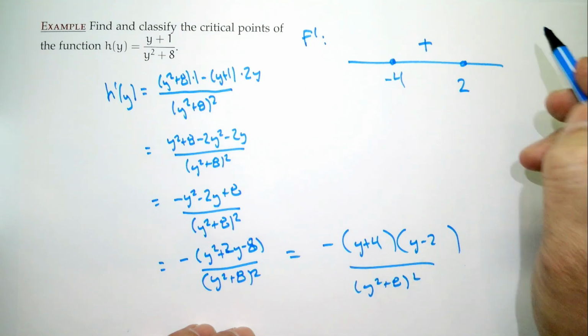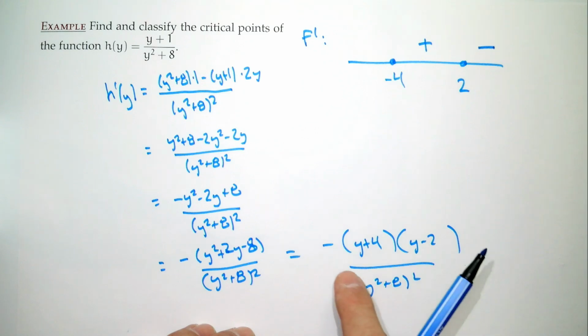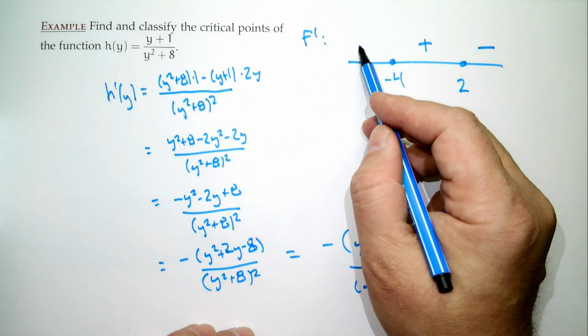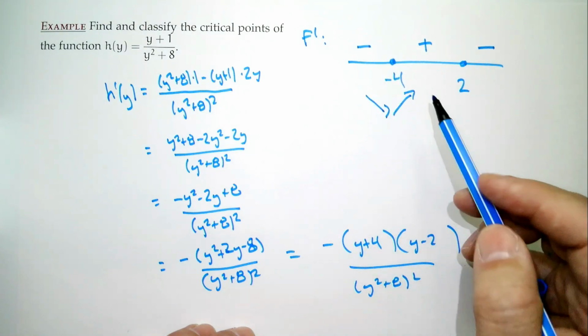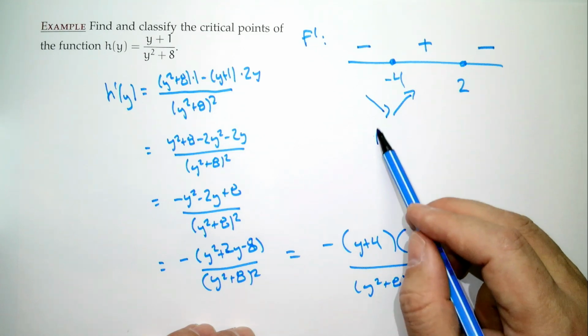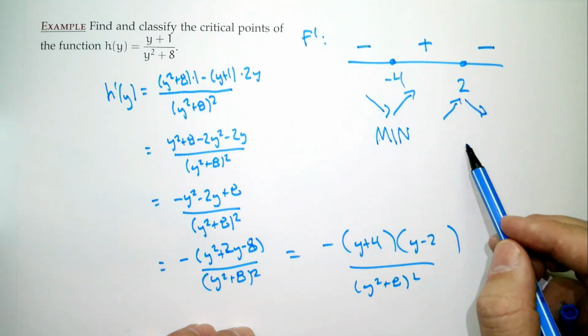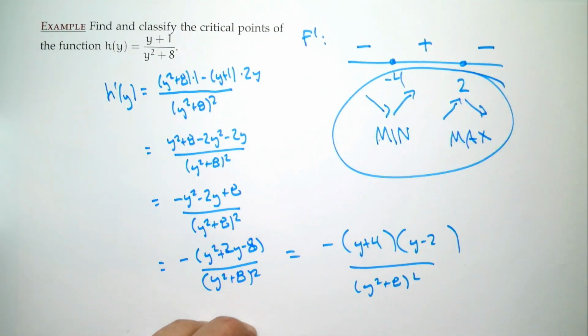So the result is negative. Below negative 4, say negative 5: negative, negative, negative. The result is negative. So I'm going down, then up. So negative 4 is what? This is a min. Then I'm going up and then down. So this is a local max. See? That's not so bad. Life is good. And we'll pick up again next time.